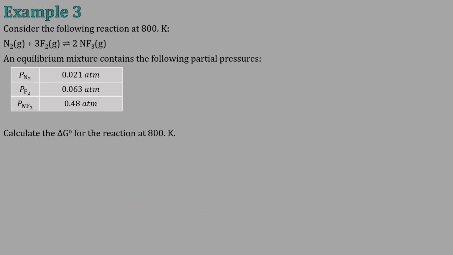All right, and then this last question says we have N2 plus 3F2 goes to 2NF3. We have an equilibrium mixture, and we want to calculate delta G. And we're doing this at 800 Kelvin.